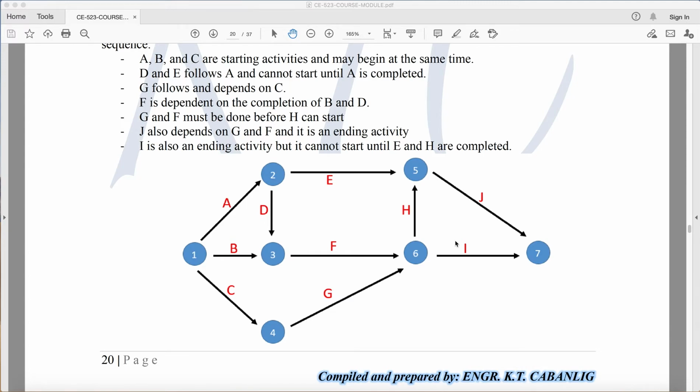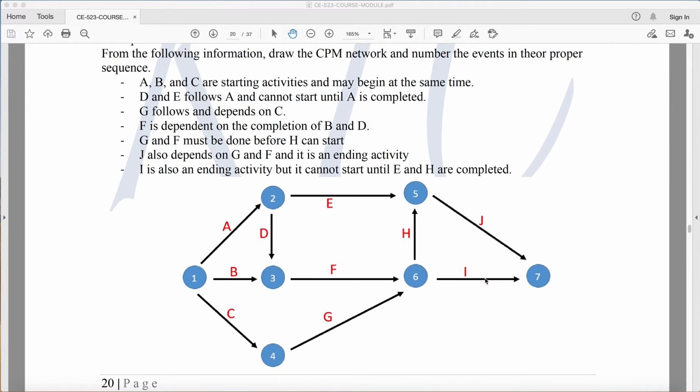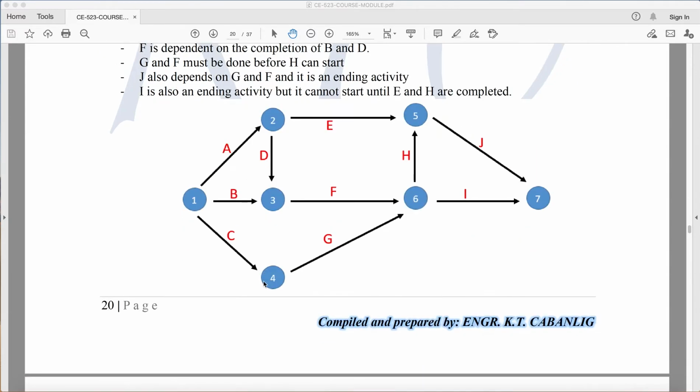Okay? So, ibig sabihin, on the 25th day, I'll be stopping my work. But take note, I need another extra 5 days to finish activity I. Therefore, from there, we can conclude that the longest duration would be our critical path. The longest duration will be the duration of your project.